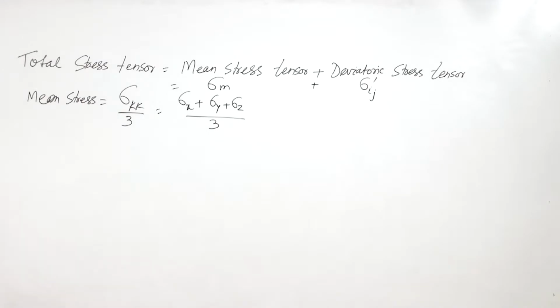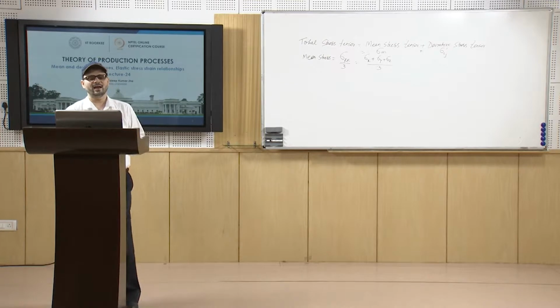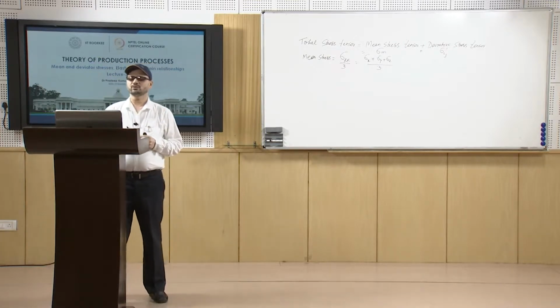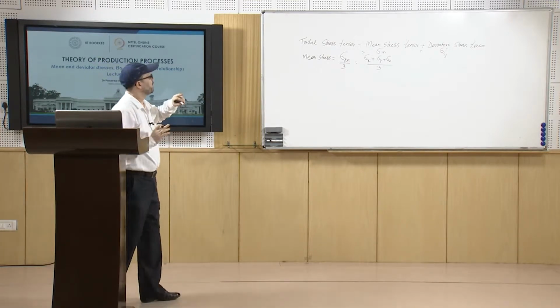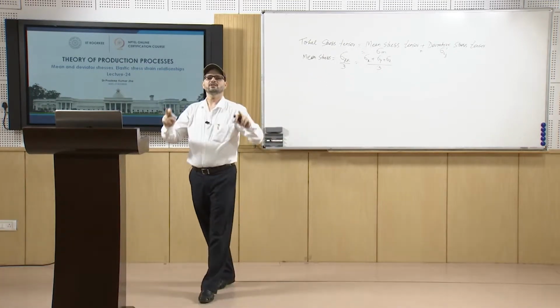Now, sigma ij prime is the deviator component of stresses, and you find it by subtracting this mean part from the total stress tensor.